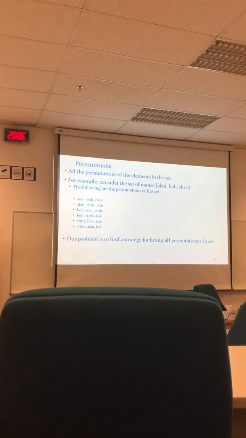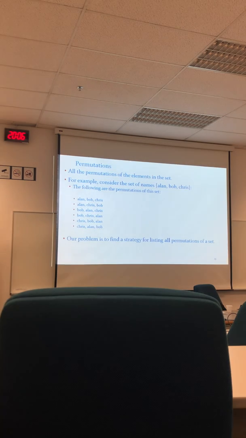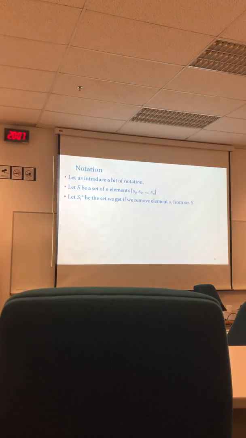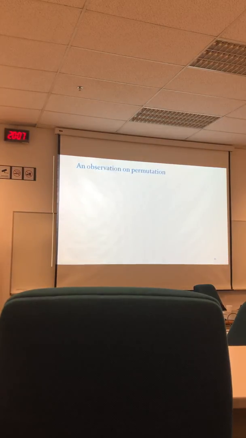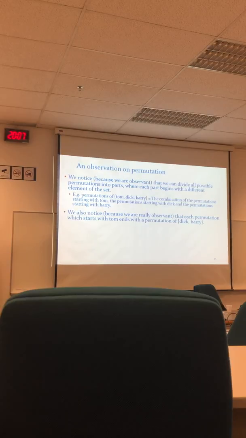Then the last 2 are the permutations starting from Chris. So you can see that the permutations of everything are the combination of permutations starting from one of the names here. So you can divide in this way into sub-problems. Every permutation starting from Tom ends with a permutation of the remaining ones.